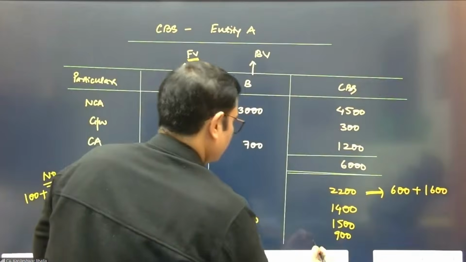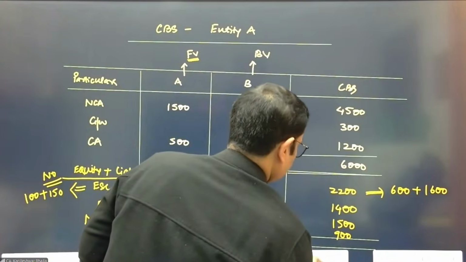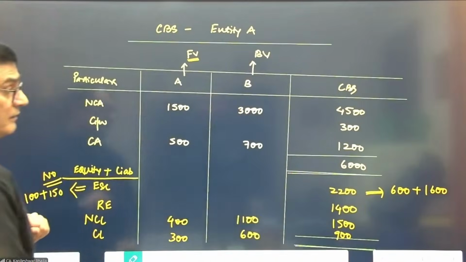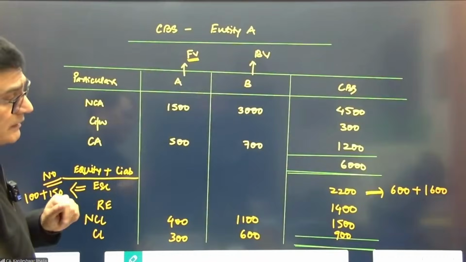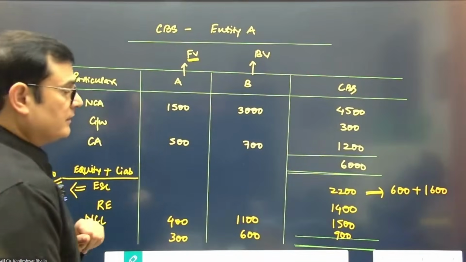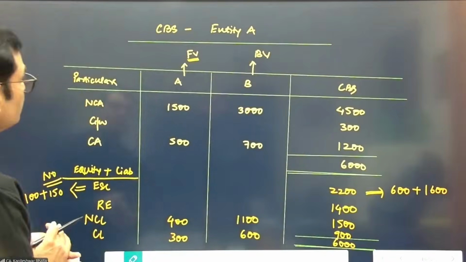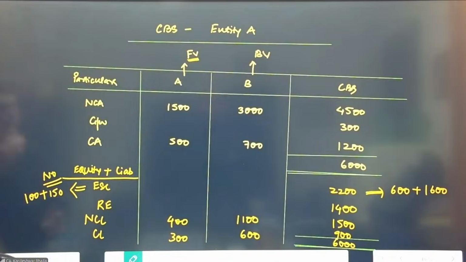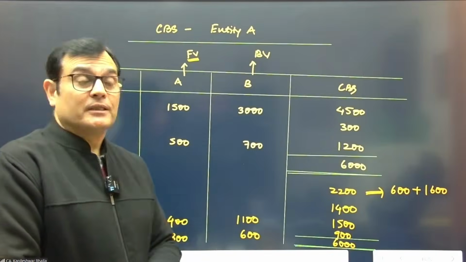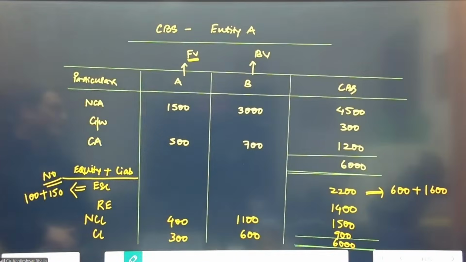So let's see, is the balance sheet agreed or not? So I think that's 6,000, yes, 6,000. So that is the total of the balance sheet. So this gives me the balance sheet of the company A, who is the legal acquirer, because the liability to present the consolidated balance sheet, of course, lies on the legal acquirer itself.